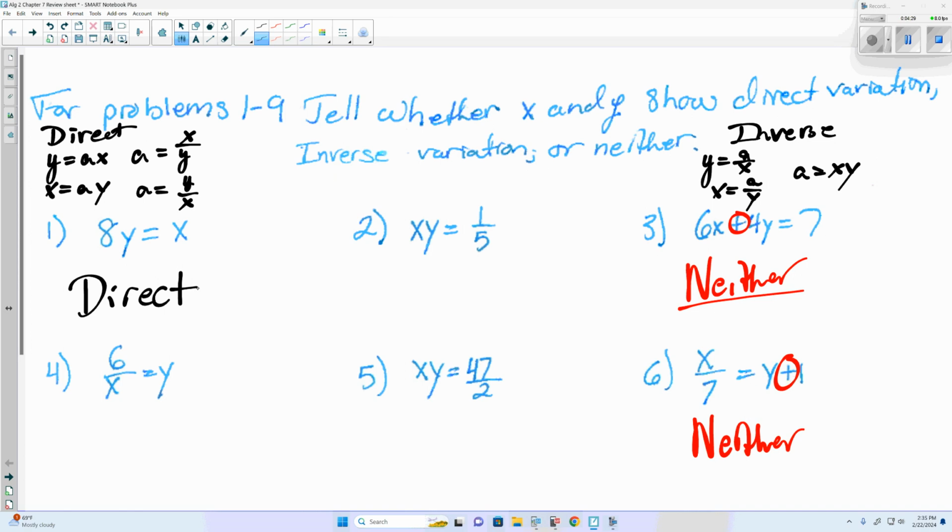Number 2, x times y equals 1/5. That is inverse, because our x times y equals a. Number 2 would be inverse, because that matches up to our x times y equals a.